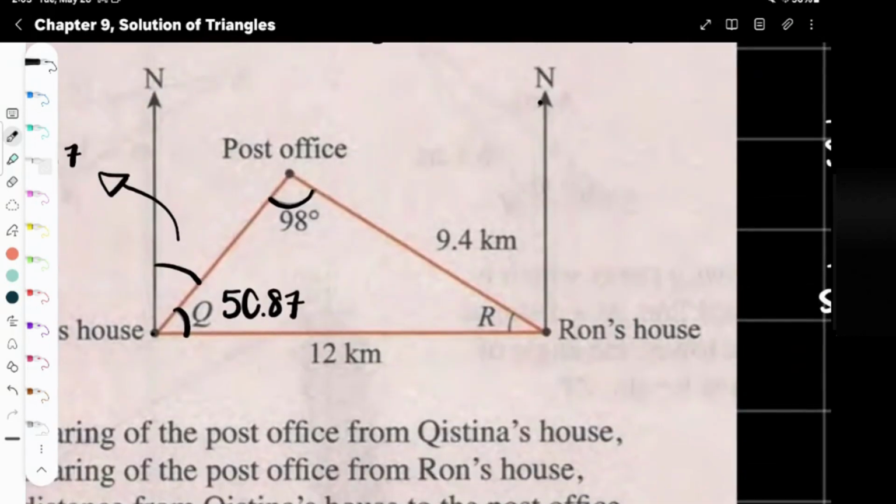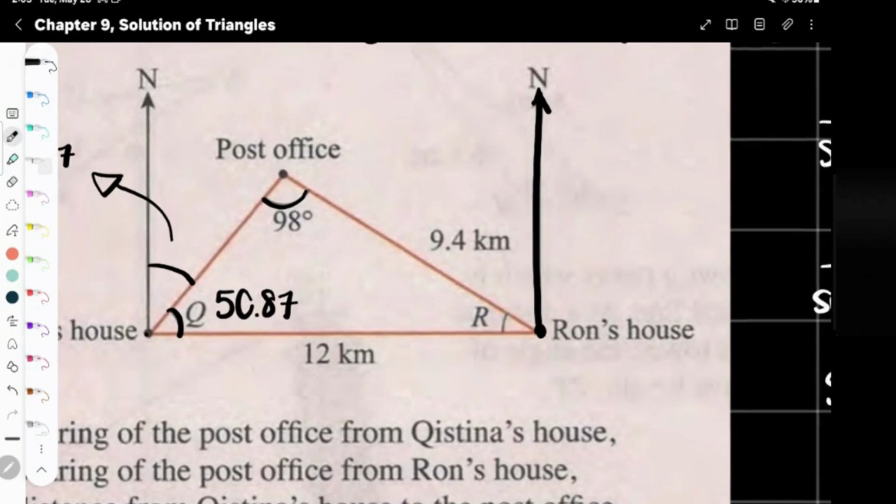So the bearing for this one here, from Ron's house. Do you think the angle will be this side here? No. Remember, it has to go from the right side. So you have to find this angle. That's a long angle, right?